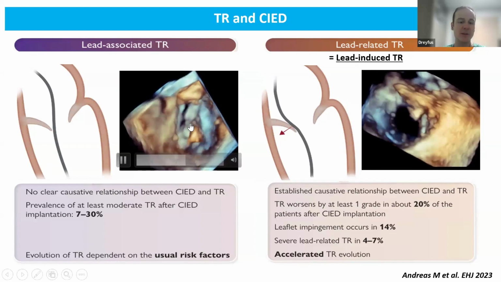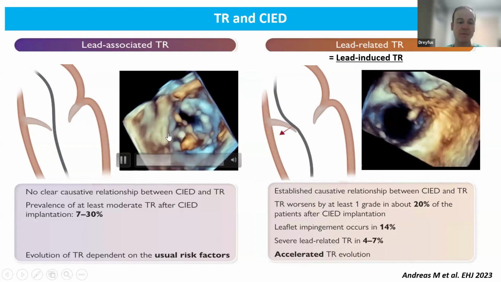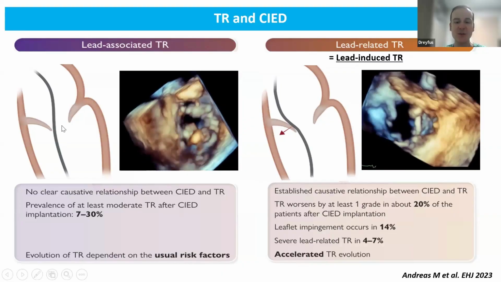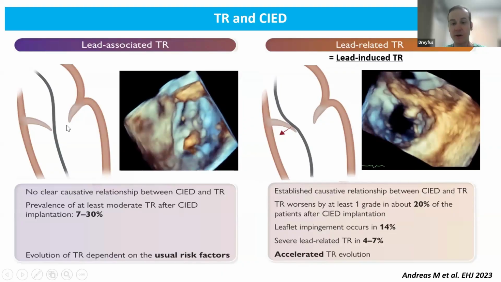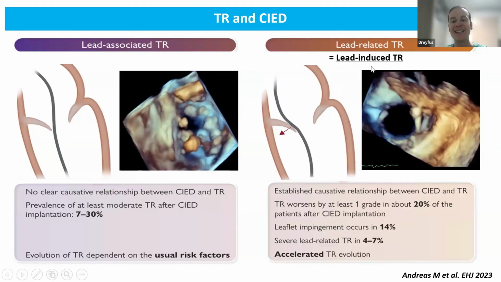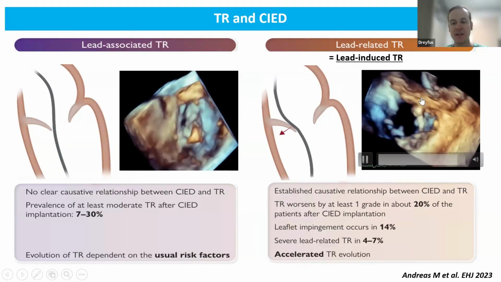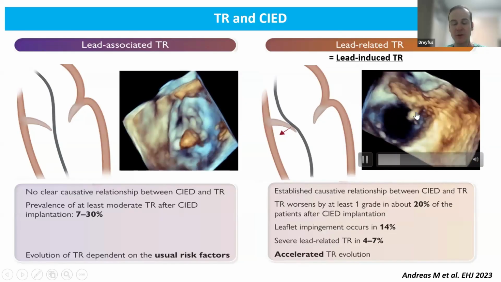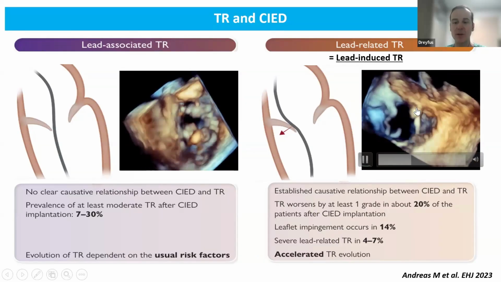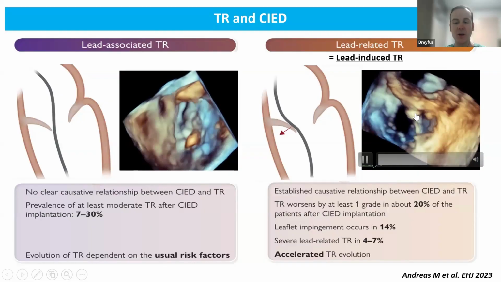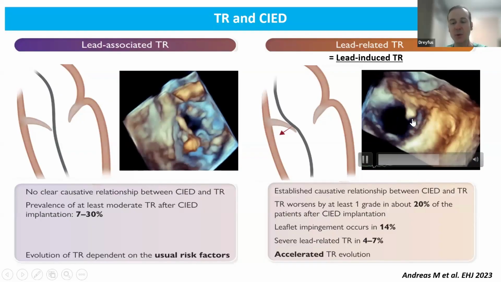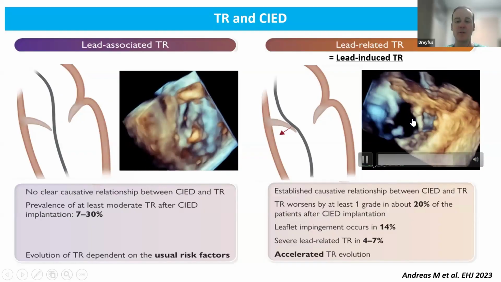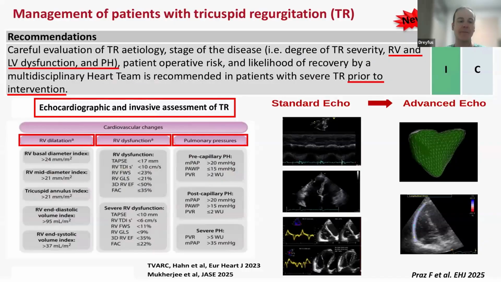Either you have patients with a CIED and TR, but the CIED is not inducing the TR, which is really frequent, or a lead-induced TR, meaning like in this case, you can see that there is a significant impingement, a restriction of the mobility of the septal leaflet due to the pacemaker. So the pacemaker is responsible for the TR, which we call lead-induced TR.